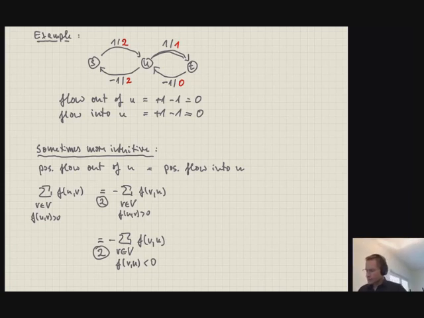And now flow conservation says that the total flow into node U is equal to 0. So if I sum over all vertices flow from V to U, that is equal to 0.